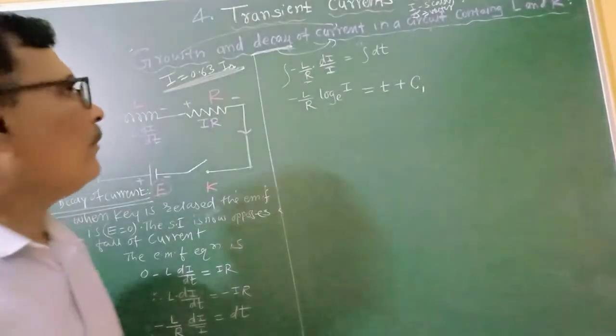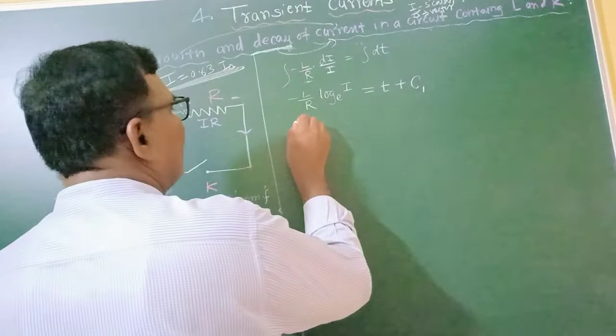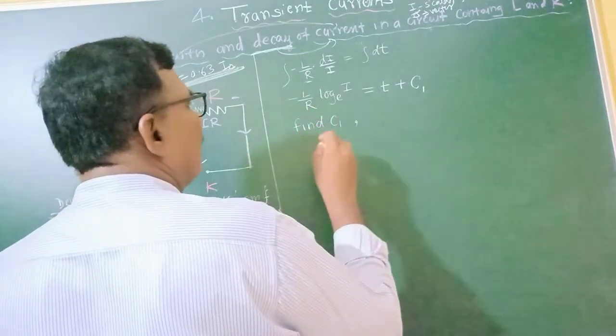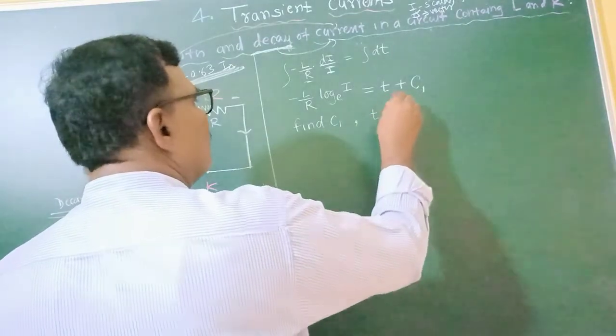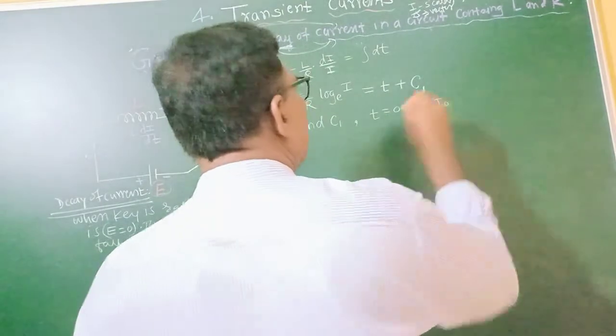Now we have to find C1, where C1 is the constant of integration. At t equals 0, I equals I0, the maximum value of the current.